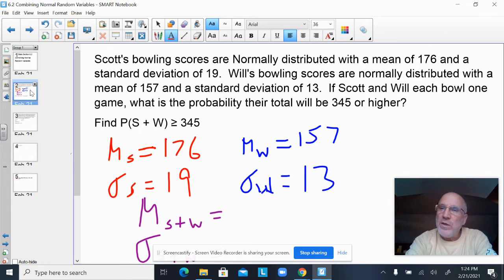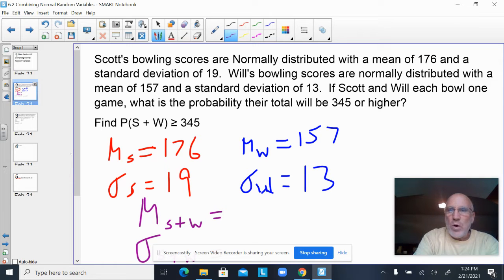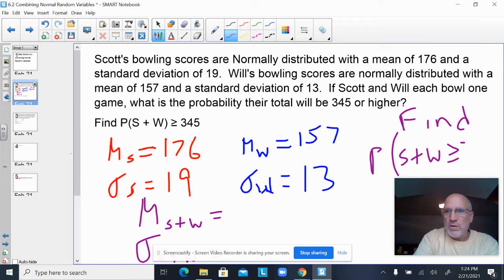If Scott and Will each bowl one game, what is the probability that their total will be 345 or higher? So we want to find the probability that S plus W is greater than or equal to 345. That's what we're looking for.